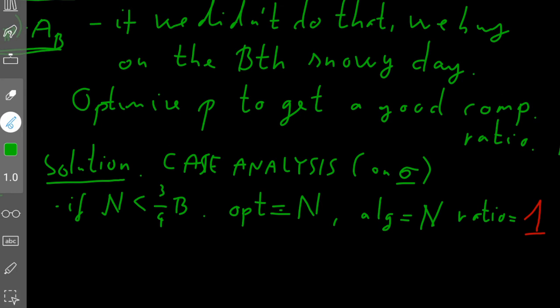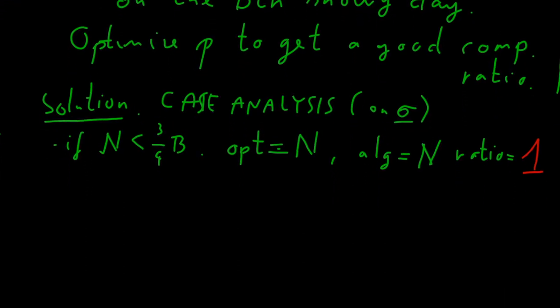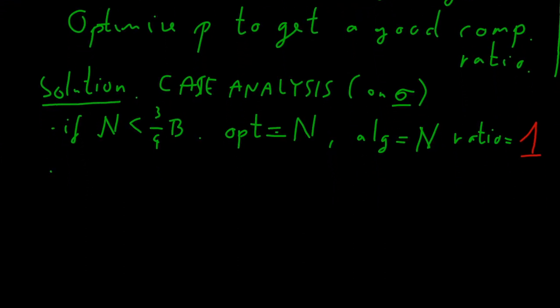Wow. Now then, the second case is when the first algorithm which we chose with probability p will buy the ski, but the second one won't. Now in this case, again, since n is smaller than b, the optimum value is n.